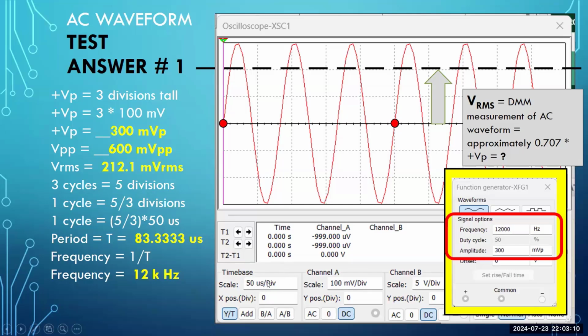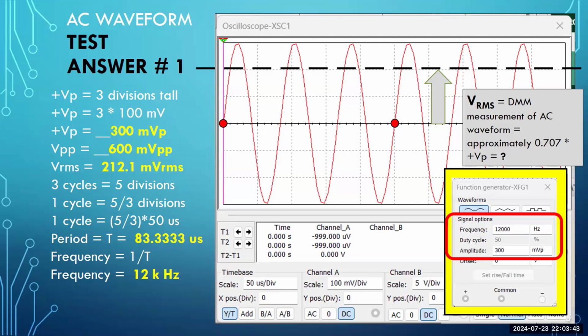And so 1 cycle would be 5 divided by 3, close parentheses, and then multiply by 50 micro, and you determine the period, the time for 1 cycle from here to here, that's 1 cycle. It's 1/3 of the 50 microseconds.